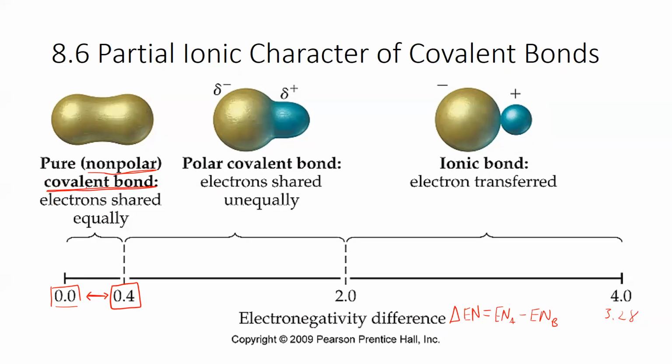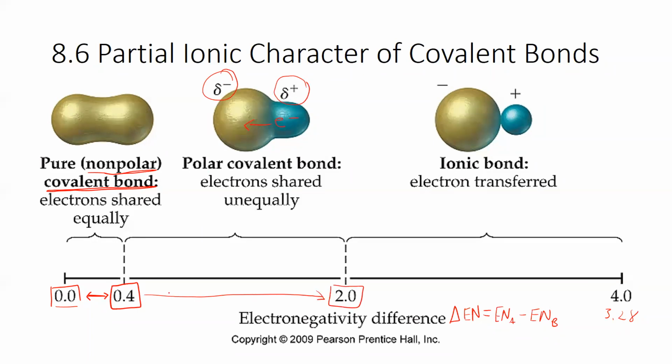But as that value gets larger, you start to share electrons less evenly. So you start to bring in a partial negative character to one of the atoms and partial positive character to the other atom, as the electrons spend more time over on the more electronegative element. Our arbitrary cutoffs for this range fall between 0.4 and about 2.